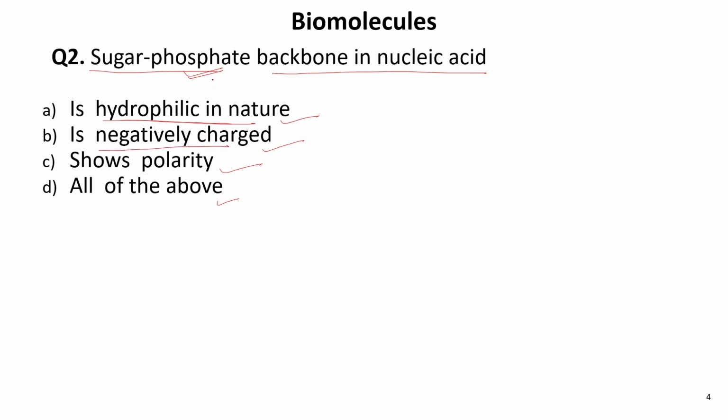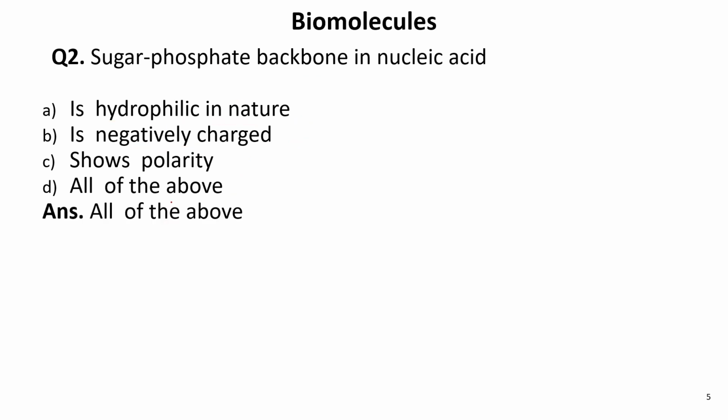It is negatively charged, as the phosphate group is having PO4 with negative charge. And the DNA overall has a negative charge over it, due to the phosphate group. It also shows polarity. So all of the above is the correct answer.